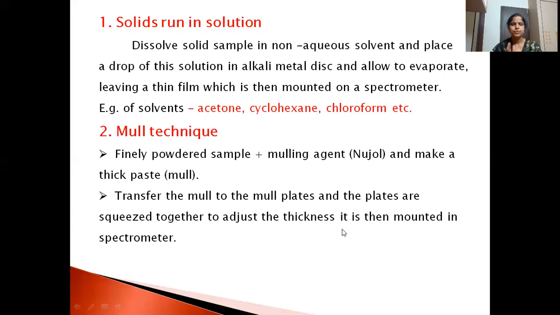We take two plates, with the mull paste kept between them. When you press those two plates, it gives a very thin layer, and that thickness we can adjust, and it is ready to use for the study.